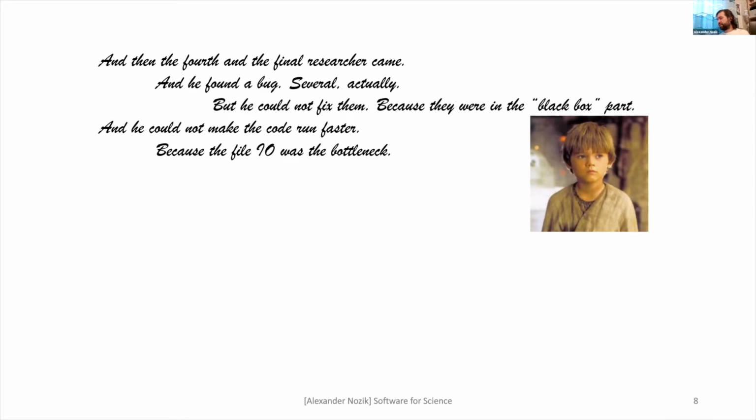And he could not make the code run faster because file input-output was the bottleneck, because he could not make it work without creating those files. And he could not make it run in parallel because of environment variables, because he has to set these global variables and change them inside the parallel environment, and it never works.